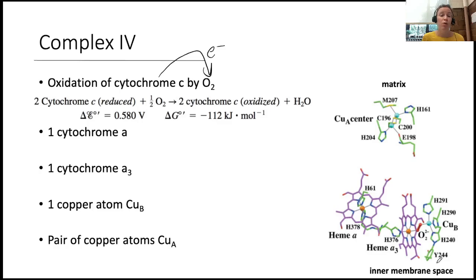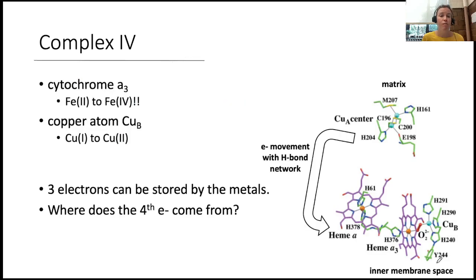How do we get those 4 electrons eventually to oxygen? Well, I'd like to talk through this a little bit because it's the first time that we see an iron center performing a 2-electron reduction. So 2 of the electrons that move through these redox centers are stored at cytochrome A, heme A3.